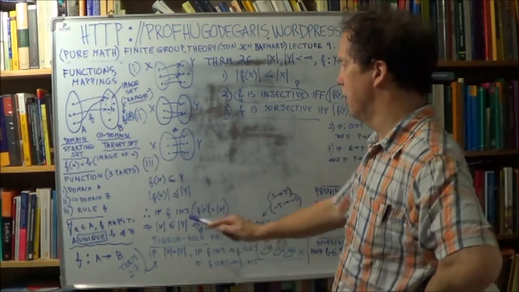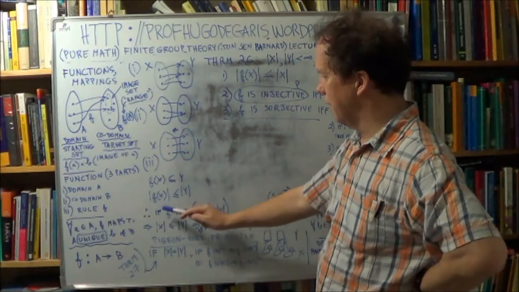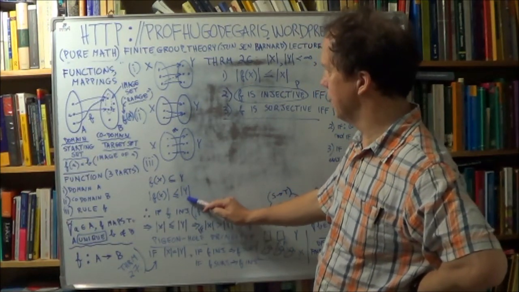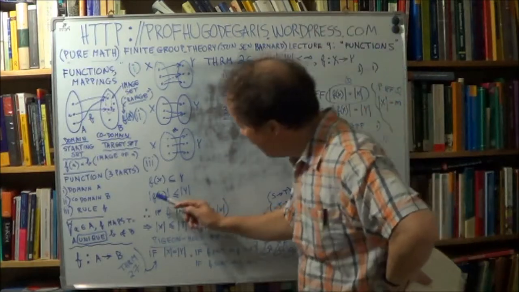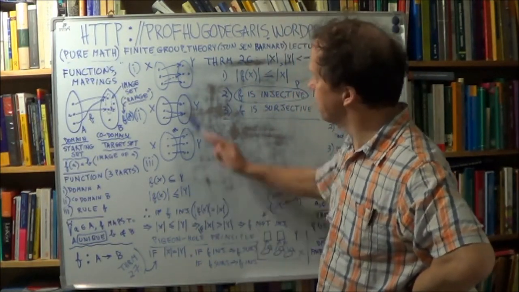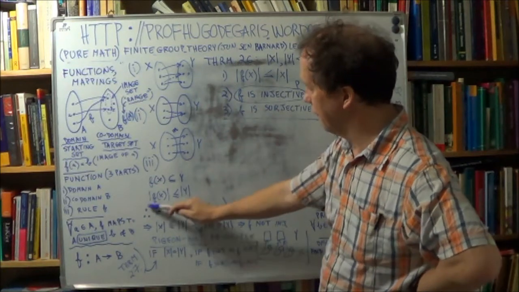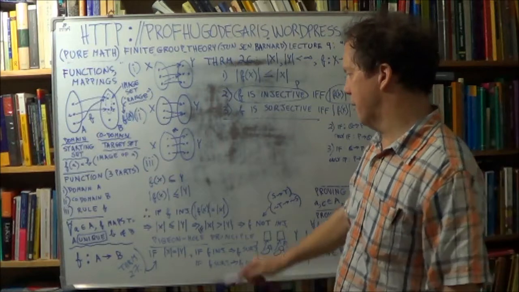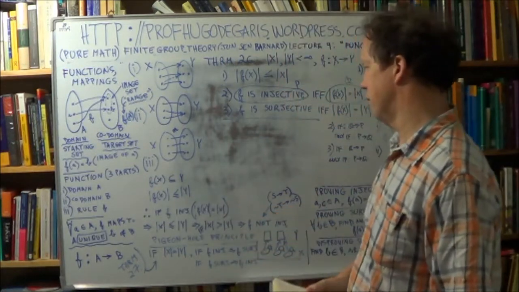Now if that's true, if you take the size of it, the size of your image set will be less or equal to the size of your target set. Alright? Okay, so keep that in mind for a while.